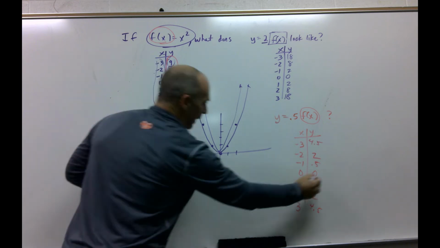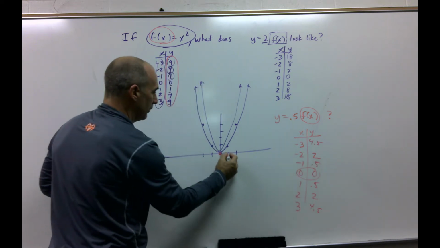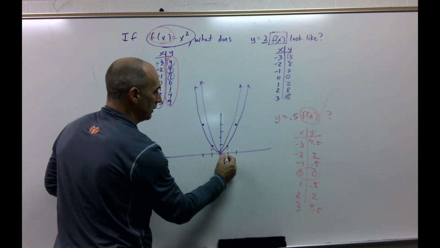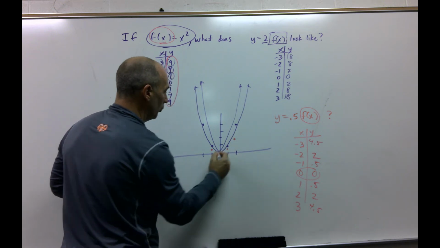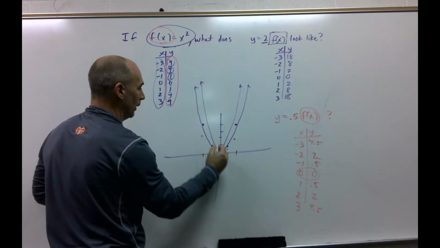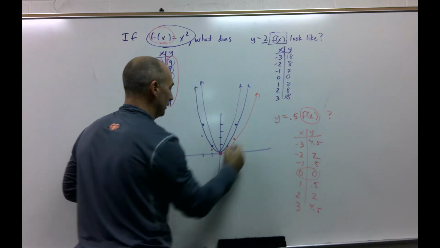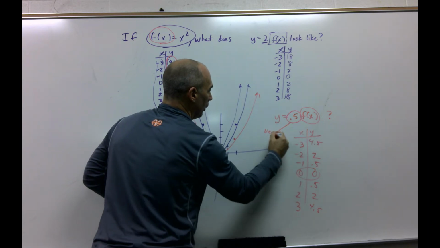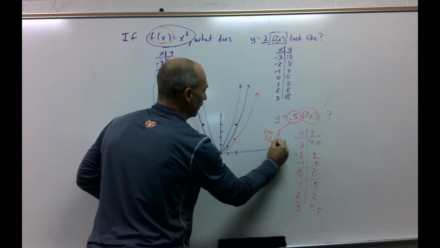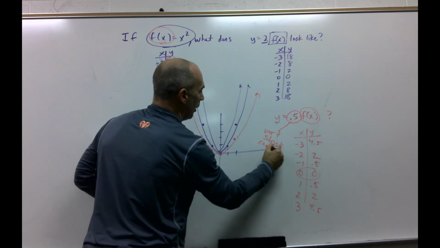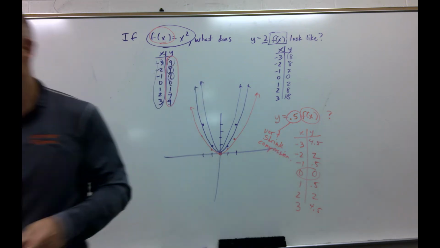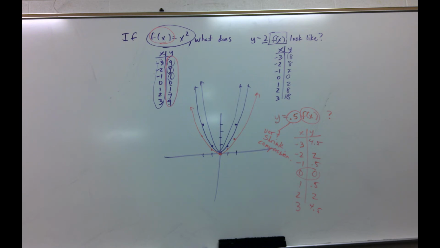If I plotted all those points, 0, 0, negative 1, 0.5, 1.5, 2, 2, negative 2, 2. And as you can see, this is a vertical shrink, which they also call a compression. All right. So that's that for now.